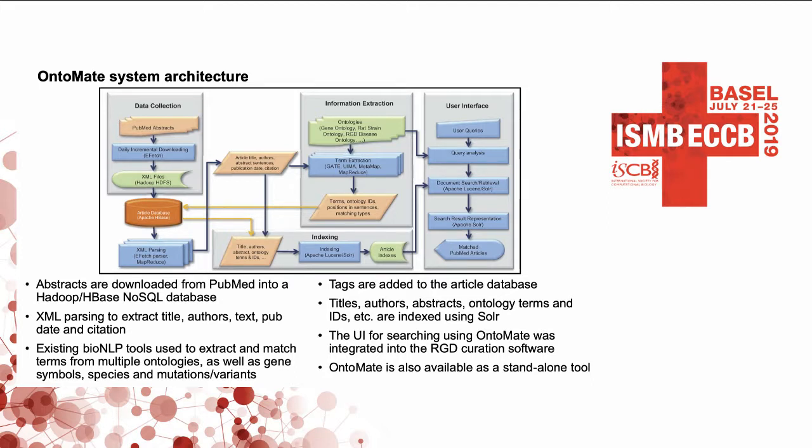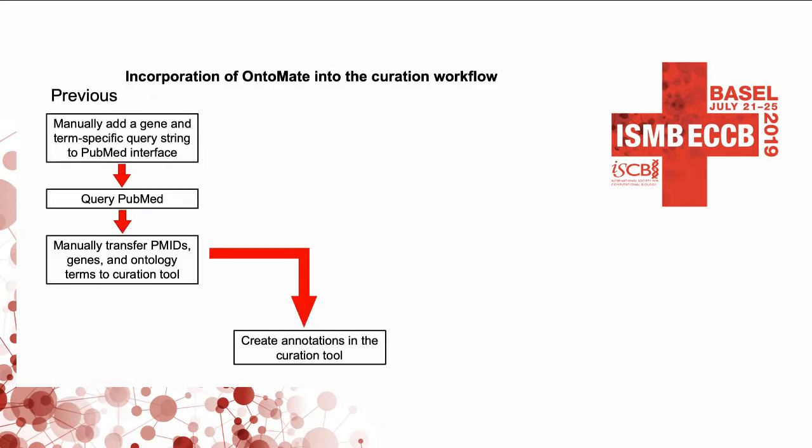The UI for searching using OntoMate was integrated into the RGD curation software, and it's actually a standalone tool of OntoMate is available on our website if you're interested in checking it out. But I'm going to talk about the instance that is integrated into our curation software.